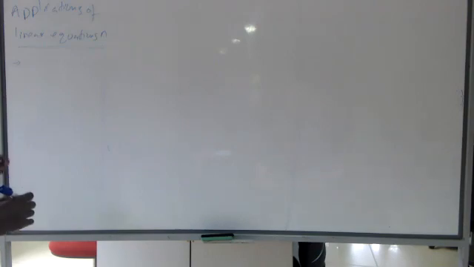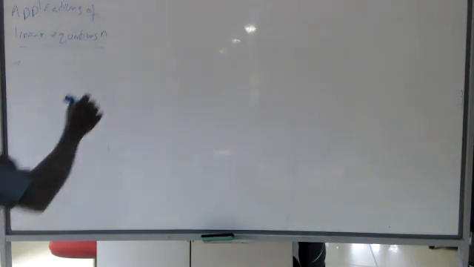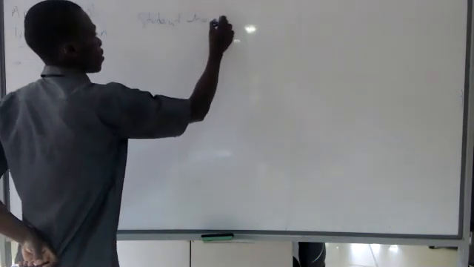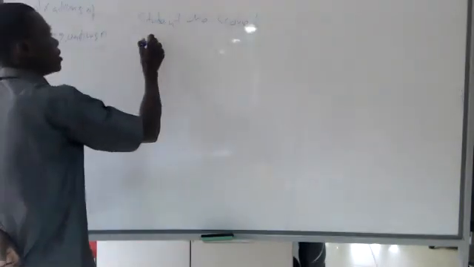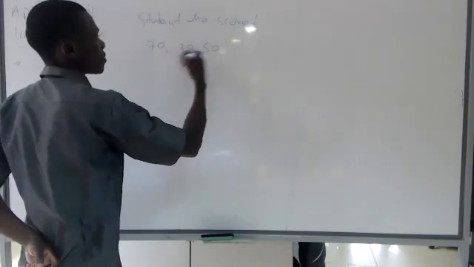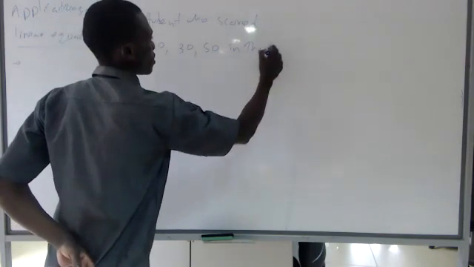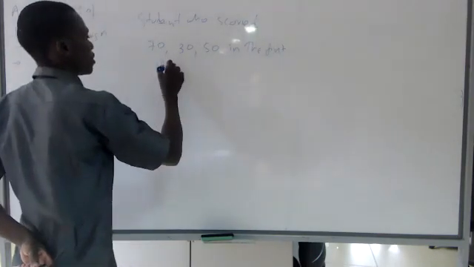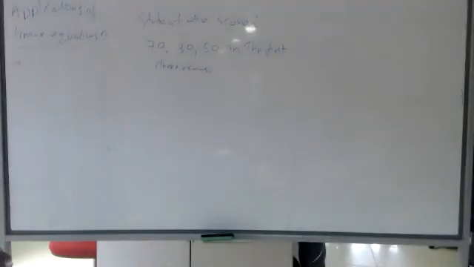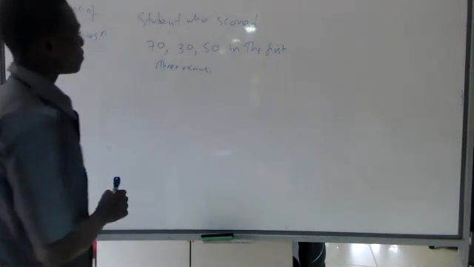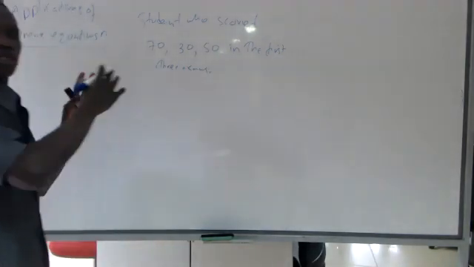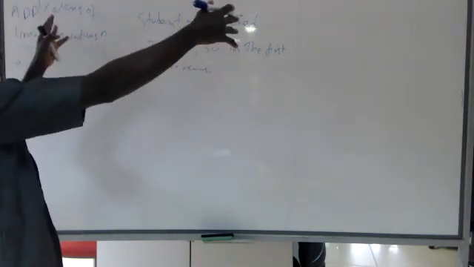Let me think of a problem where you can apply an equation. Suppose there is a student who has scored maybe 70, 30, and 50 in the first 3 exams. This student has a target of scoring an average of 60 in the entire exam, because the overall score is obtained by getting the averages.